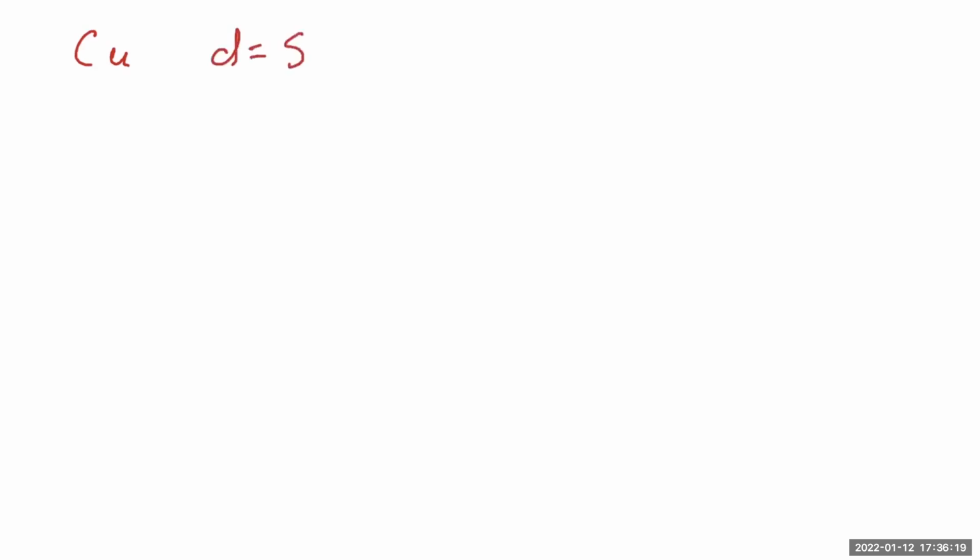The density of copper is 8.96 grams per milliliter. And let's say we have a graduated cylinder again, with 50.5 milliliters of water in it.